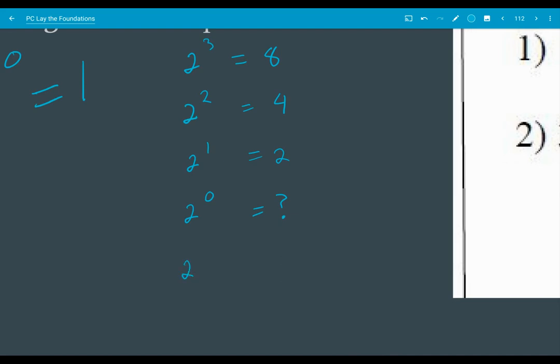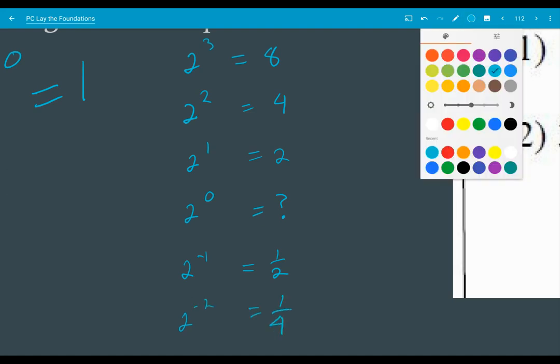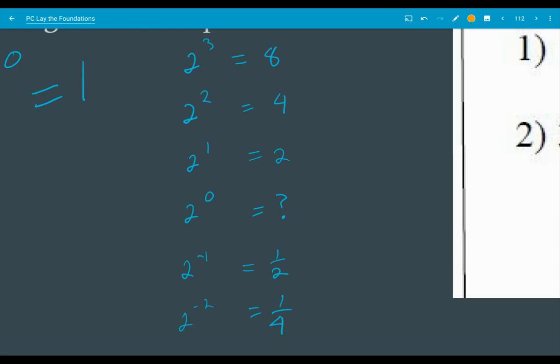And then you have 2 to the negative first is 1/2. 2 to the negative second is 1/4. So if we look at this and follow the rule, 8 to 4 is dividing by 2, 4 to 2 is dividing by 2. So if you continue that, you divide by 2, so this mystery becomes 1.